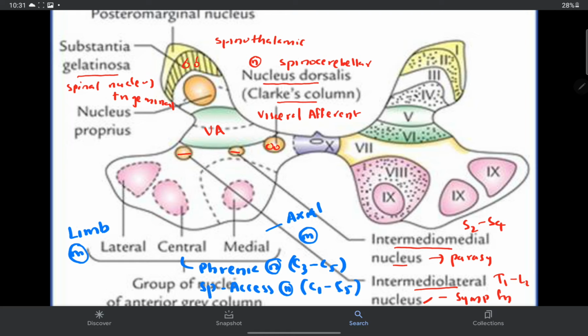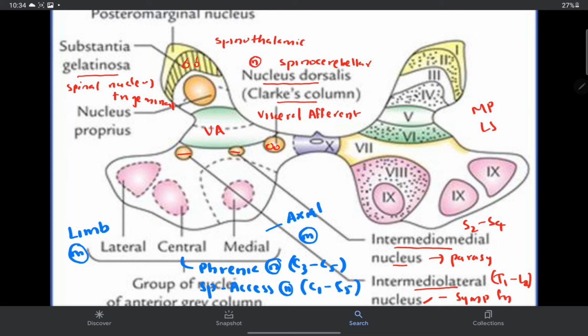If you want to remember it, remember like this: MPLS. So MP, Member of Parliament, Lok Sabha. The medial nucleus is for parasympathetic, whereas the lateral nucleus is sympathetic function.